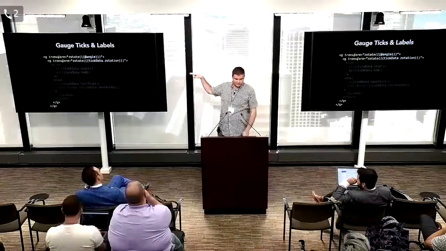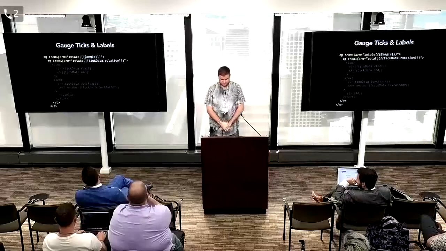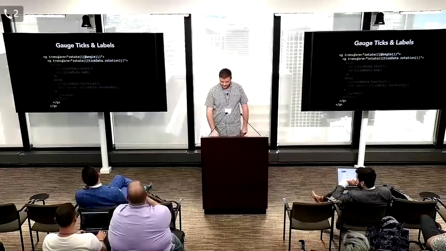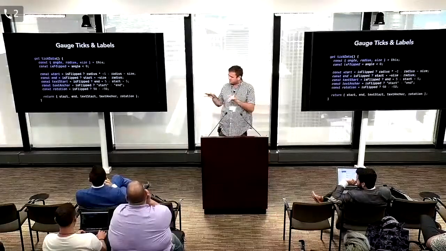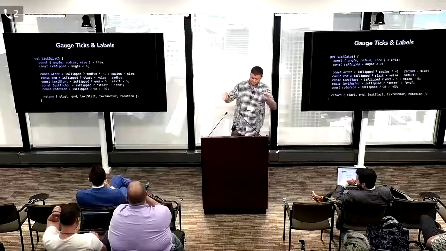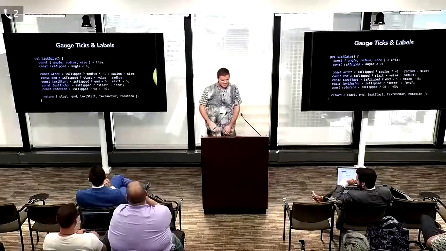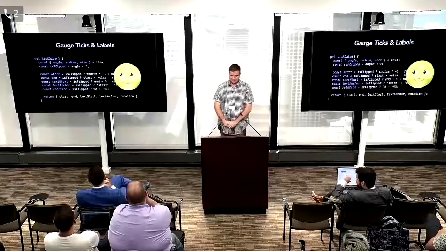So there's a double transform that happens here. That's why there are 2 groups around this tick. And then there's a little bit of code to do that extra work to figure out whether the text is left aligned or right aligned and whether it's flipped. I hate code like this, but it is necessary, so I apologize for that.